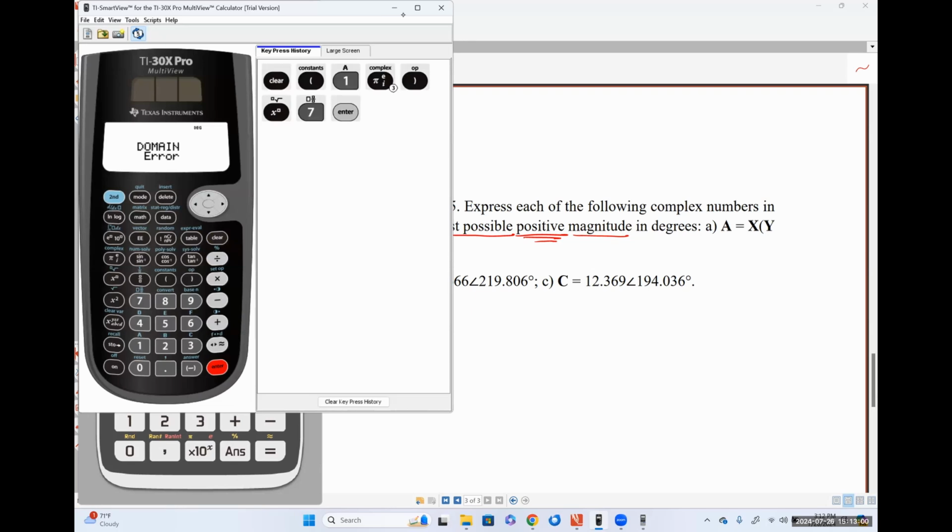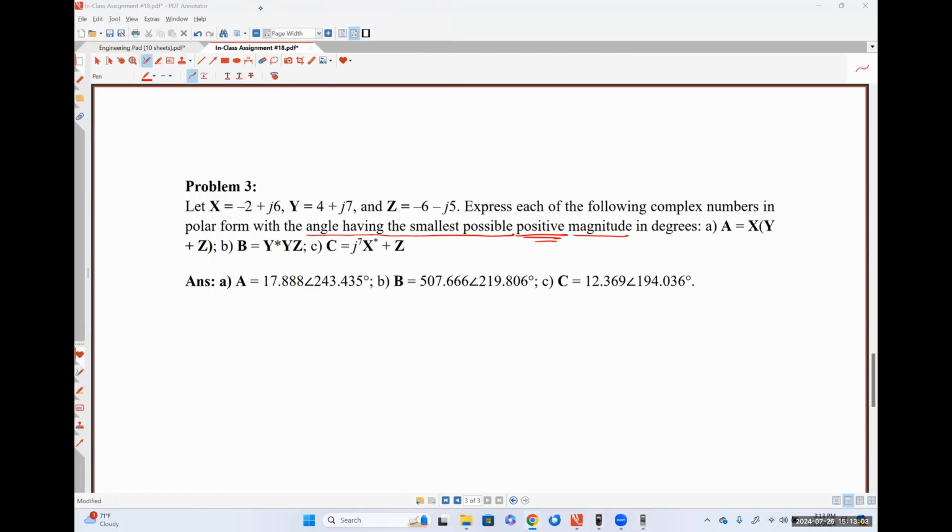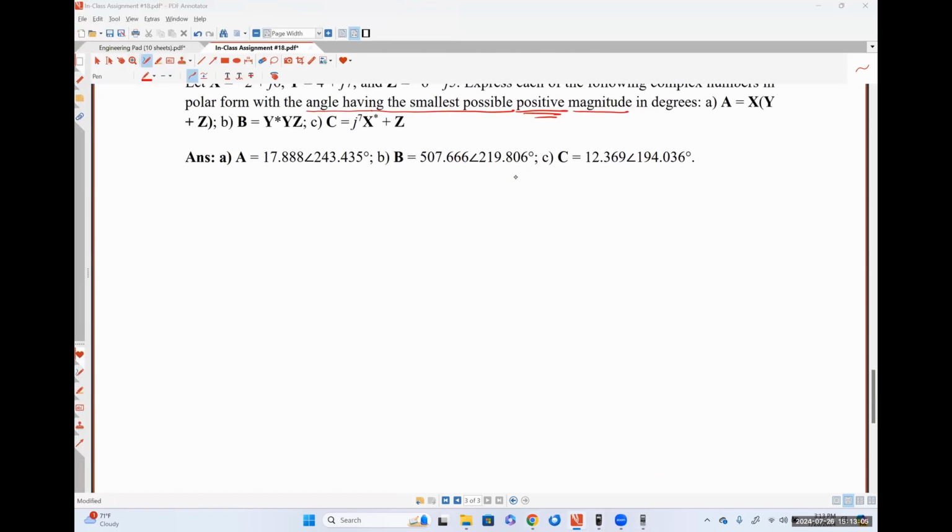So let's talk about that just really quickly, right? We'll do it down here. So I'm going to make a simple table here. So let's put j to the 1st power right here. So j to the 1st power is by definition just j, which is the square root of -1, right?